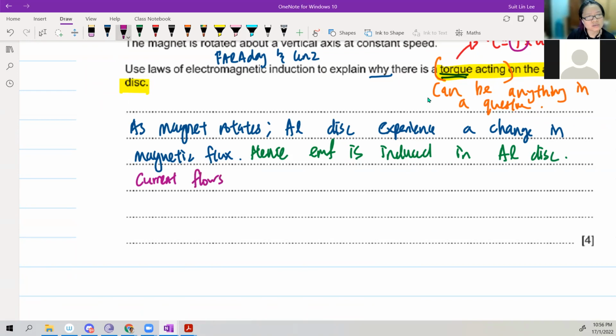Current flows in the aluminum disc due to the EMF.